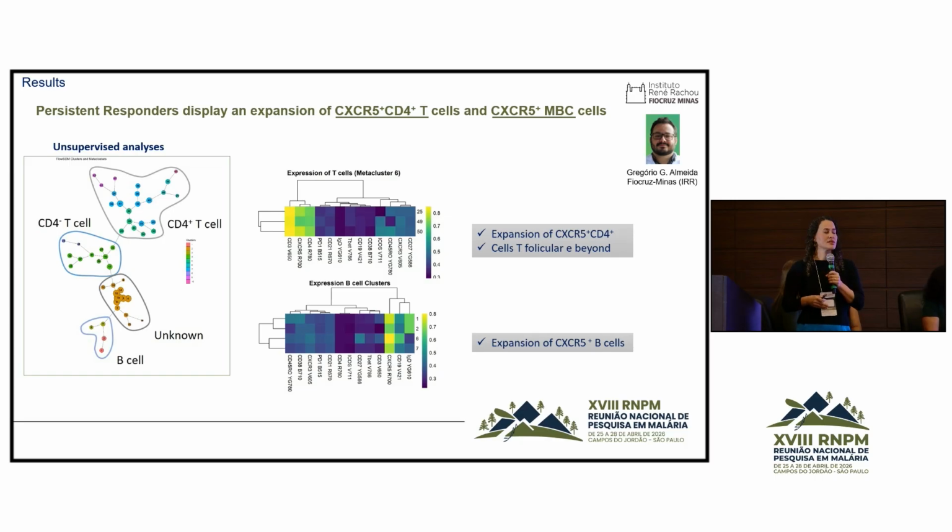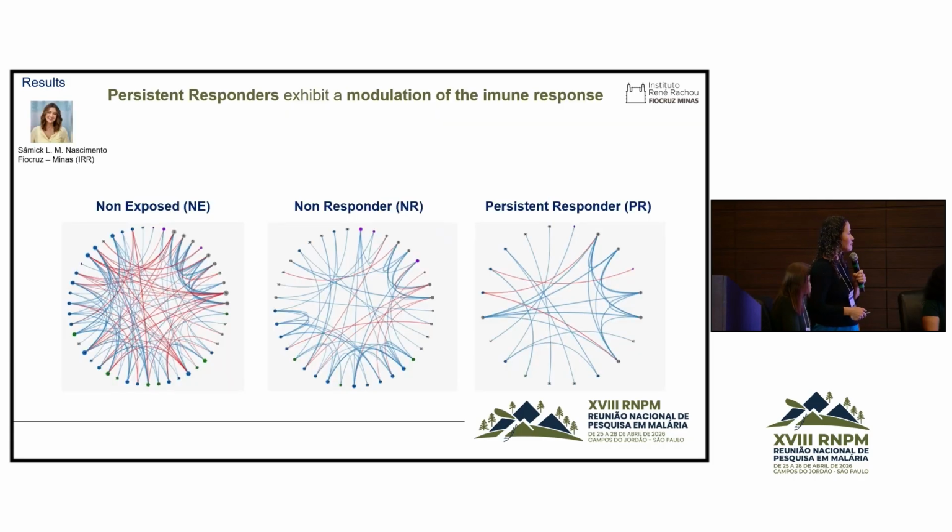We also evaluated several clusters of B cells, and I'd like to draw attention to the yellow, the same marker, CXCR5 positive, expanded in this cluster of B cells reported for the first time in Vivax malaria.